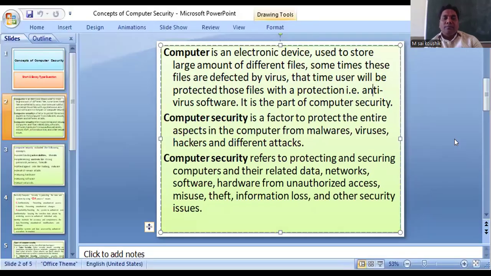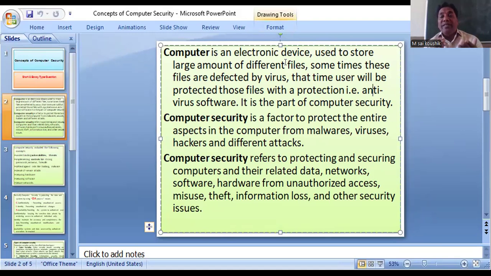Yes. A computer is an electronic device used to store a large amount of different files. Sometimes these files are affected by viruses. As I just told, these are basic disturbances. At that time the user protects those files with antivirus software. It is a part of computer security.